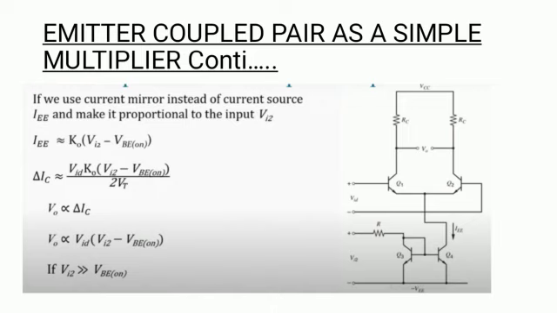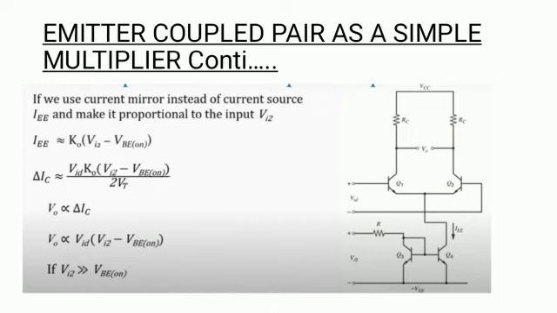Applying this current in the changing current equation, delta IC is approximately equal to VID into K0 into VI2 minus VBE on by 2VT. Here, the output voltage depends on the change in collector current, and hence we can say that Vout is directly proportional to VID into VI2 minus VBE on.